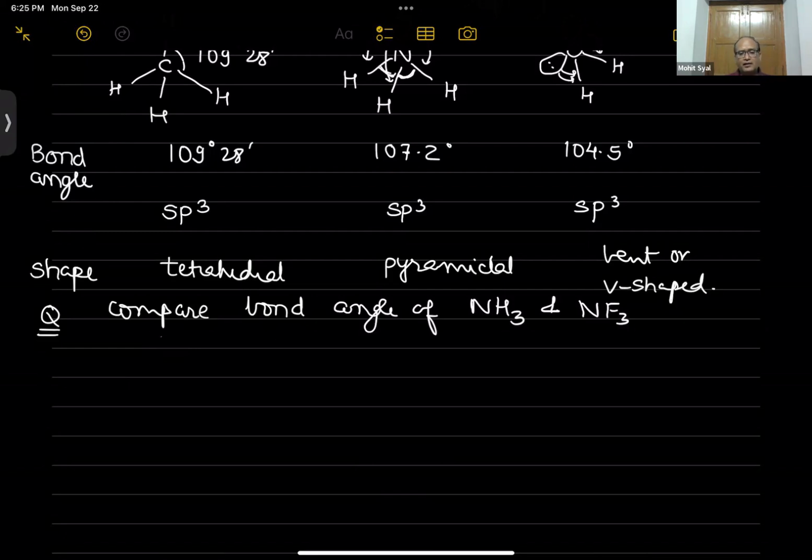Can you compare the bond angle between NH3 and NF3?